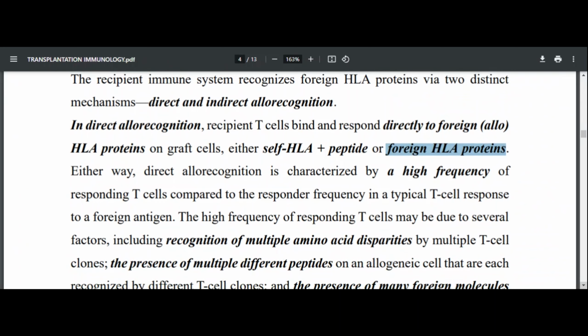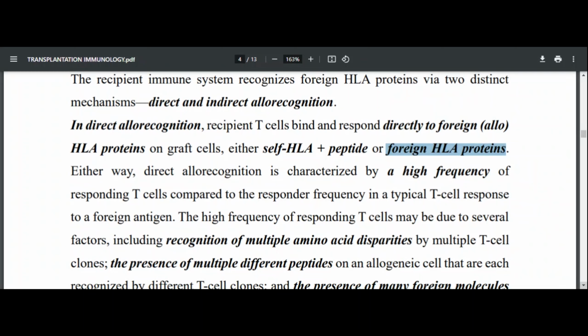When someone has received a tissue or an organ as a transplant, the frequency of the T lymphocyte response is very high compared to the normal frequency of T lymphocytes reacting to a foreign antigen, for example bacteria or a virus.